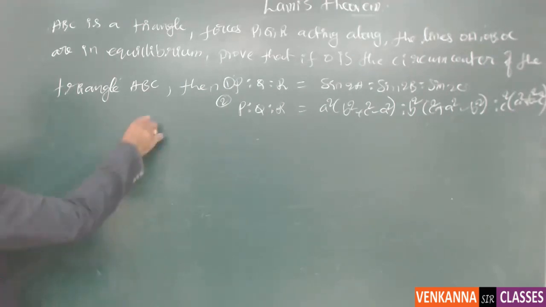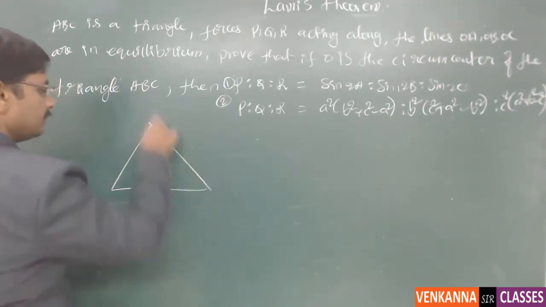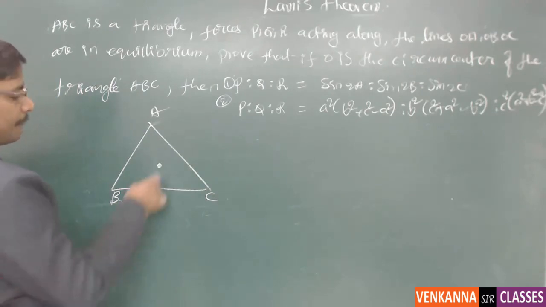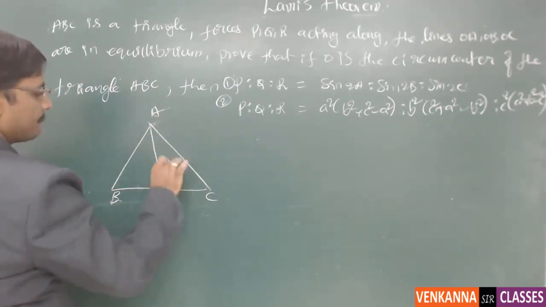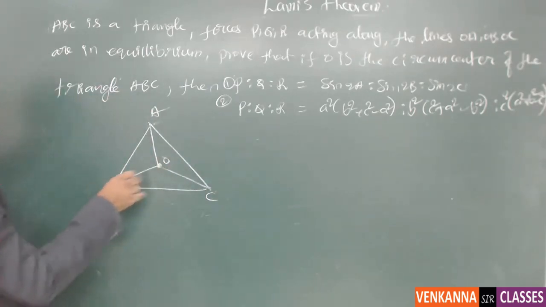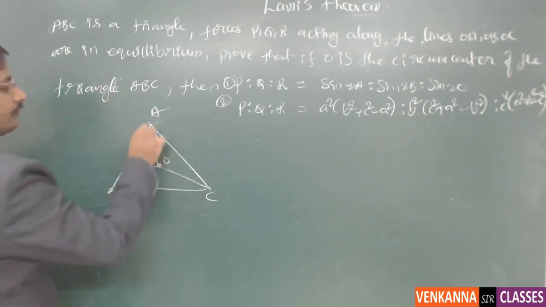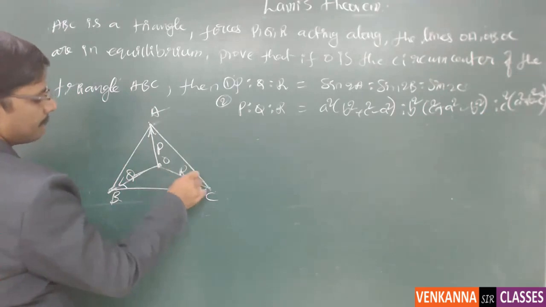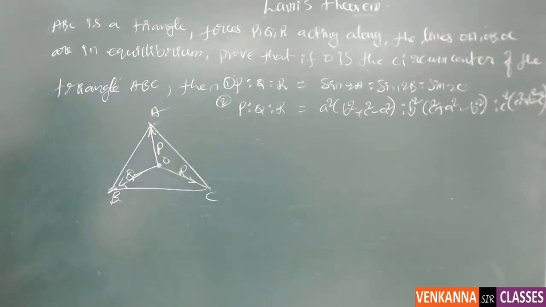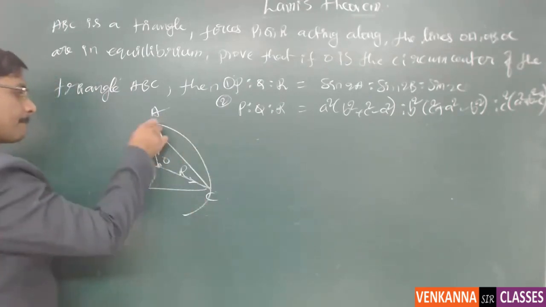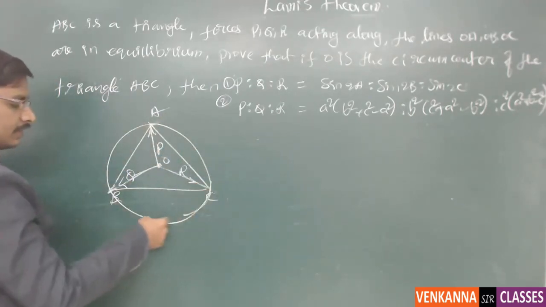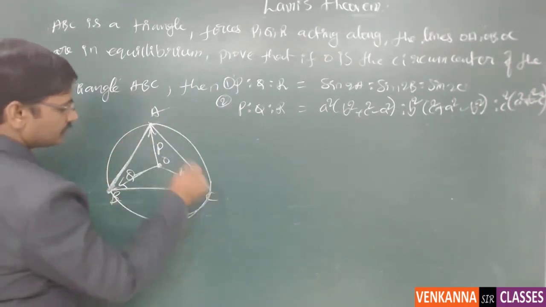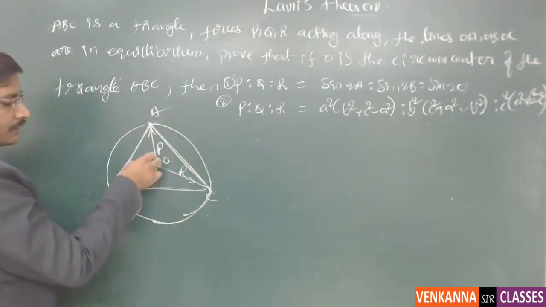So this is straightforward. This is a triangle ABC, and this is actually the circumcenter, and this is OA, and this is OC, and this is OB. So he said that there is a force acting on this, and this is P, and this is Q, and this is R. So the PQR ratio we need to find out. Being the circumcenter, for any circle, we have proved earlier that the angle subtended at the opposite corner gives exactly double the angle here.